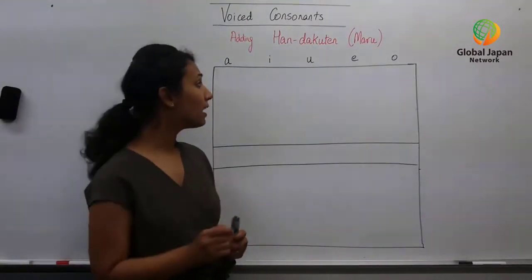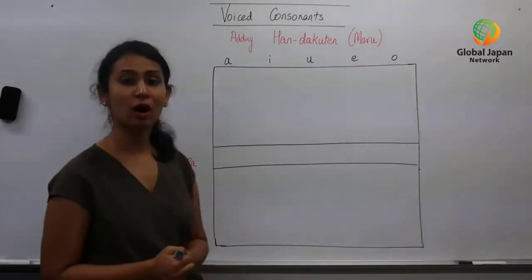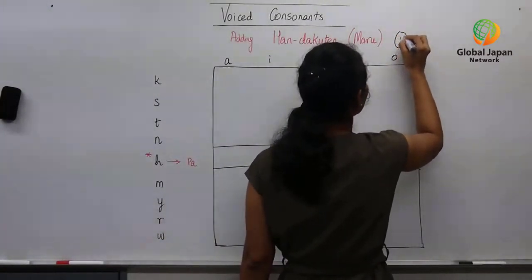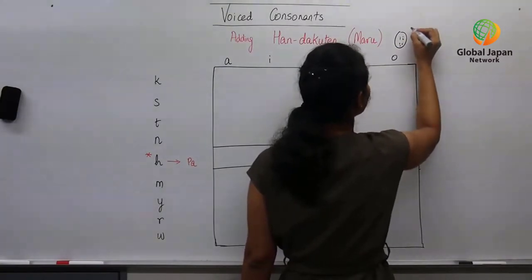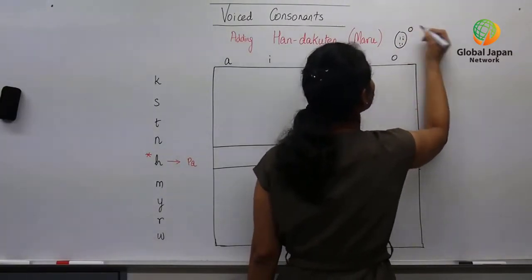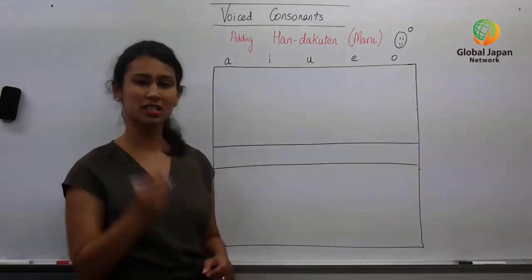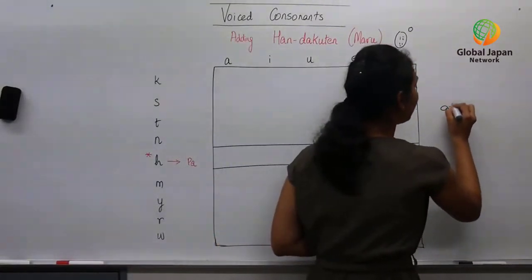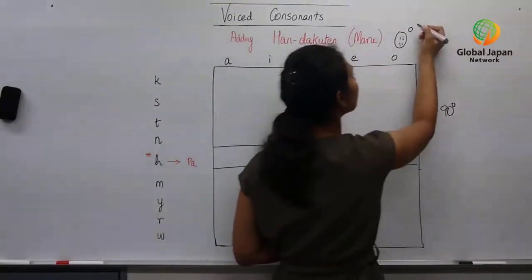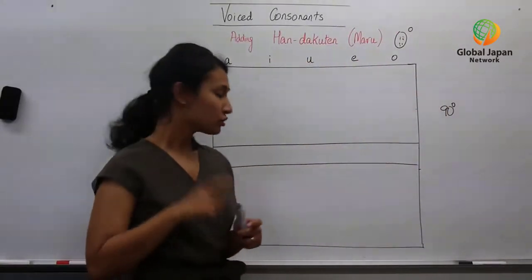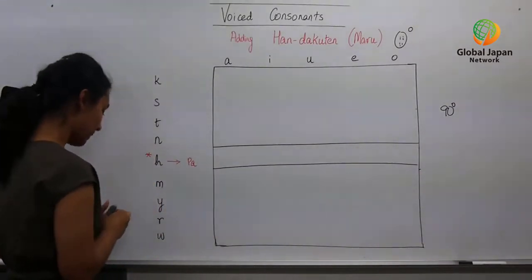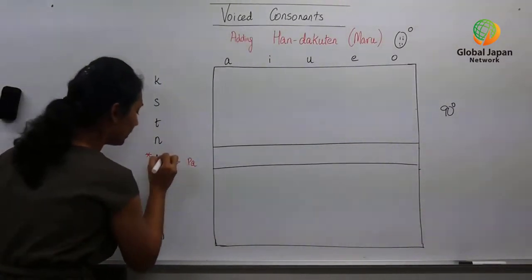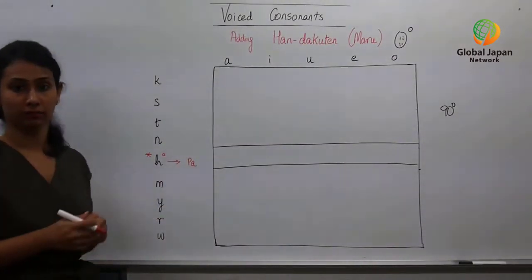And how this maru is added is, the hiragana character is written and to the top right hand side we draw a small circle, something like the degree symbol in geometry when you write 90 degrees. So, the ha plus the maru added to it becomes pa.